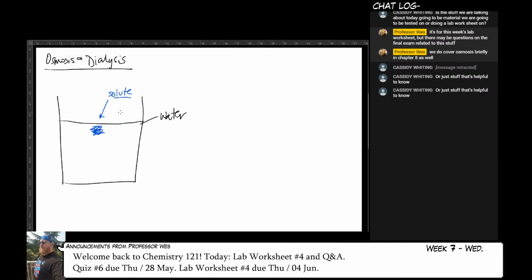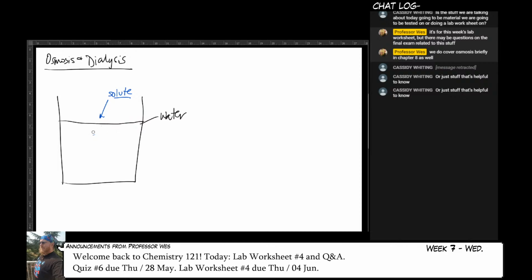Now, for this demonstration, I'm going to assume that the solute is food coloring, because food coloring is probably something that everybody has worked with. If you drop food coloring into water and observe it initially, it looks kind of like this. Here's my little droplet. It's in the container, and it's just there. But if you let it spread out over time, it will naturally do something like this.